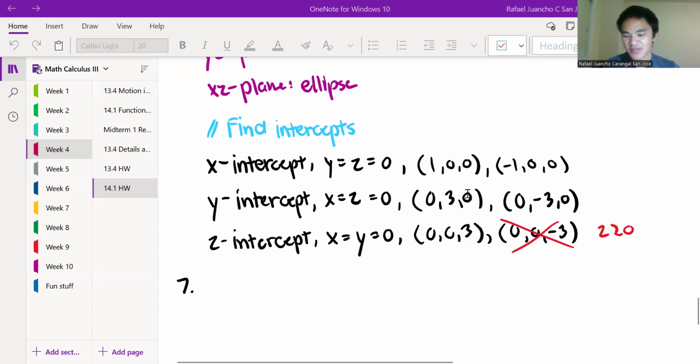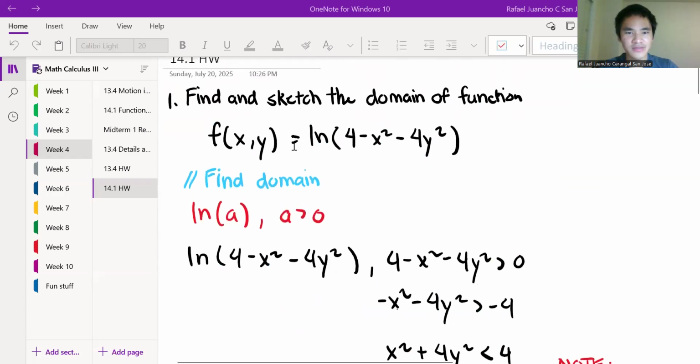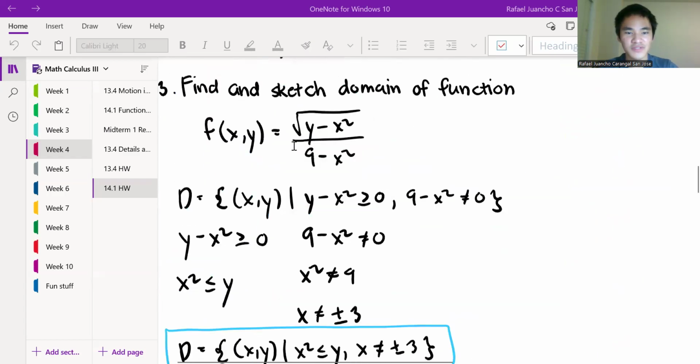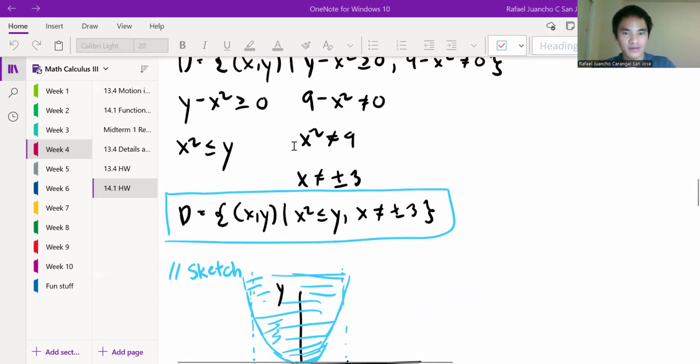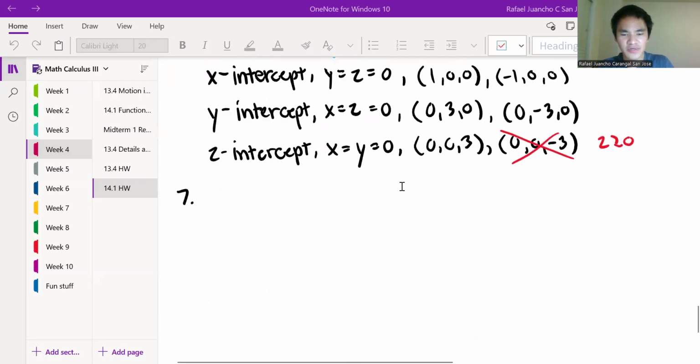So today we're going to be continuing our exercises on the topic of functions of several variables. So let's just hop right into it.